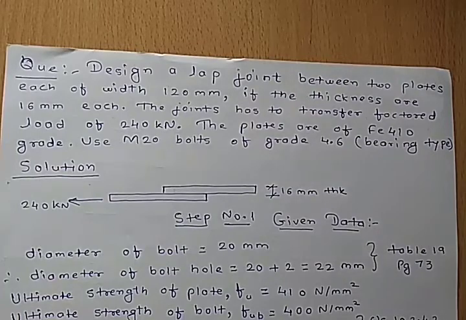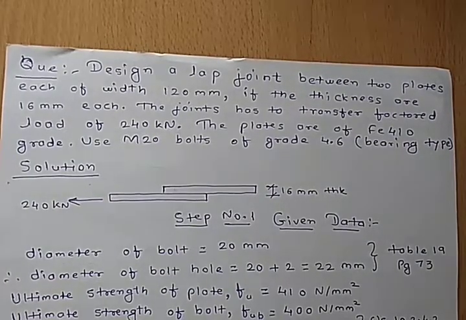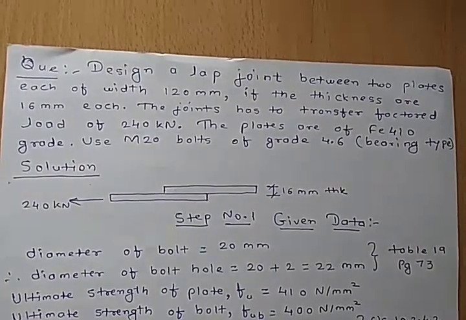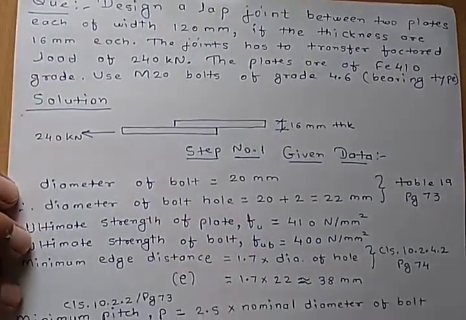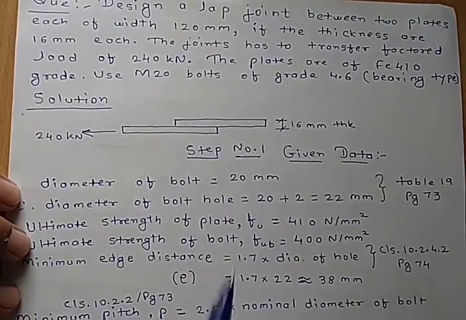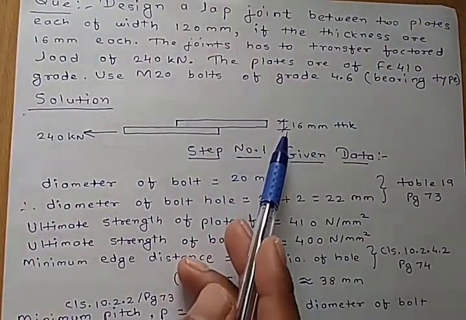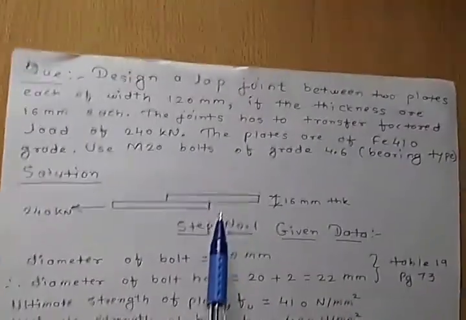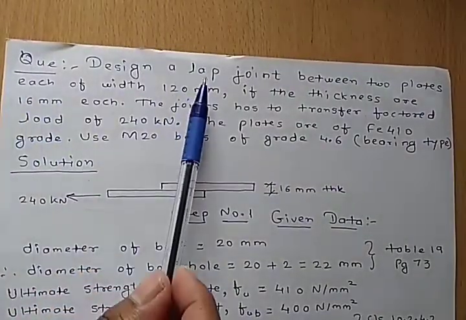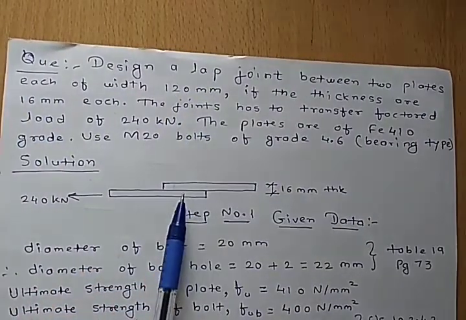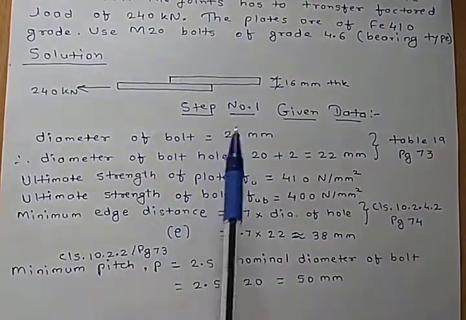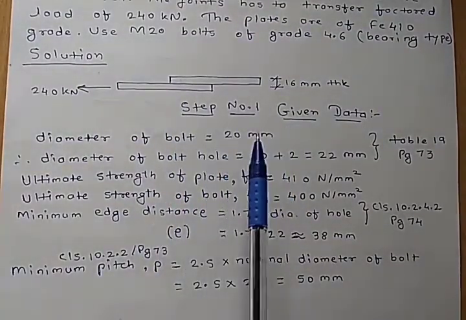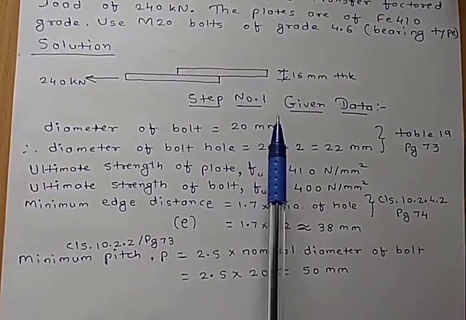We have shown the two plates, how they are connected with the lap joint. We need to put in the given data, the diameter of bolt, then we can calculate the diameter of the bolt hole, using Table number 19, page number 73.